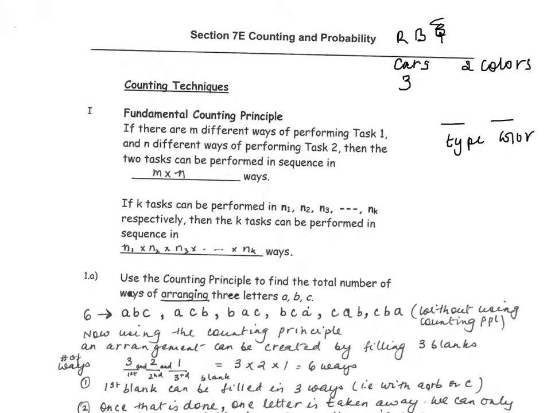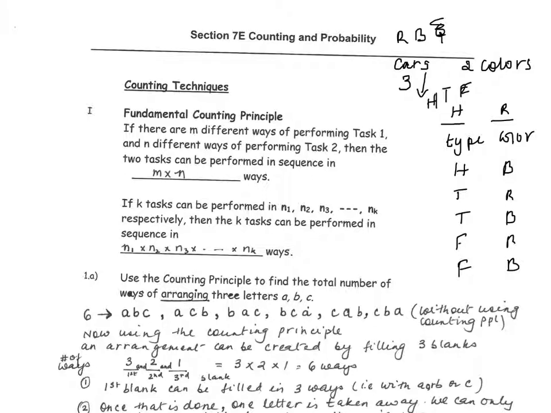The 2 colors are red and blue, and the 3 cars are maybe Honda, Toyota, and Ford. So what are the types of cars that we can buy? We could buy a Honda in red, a Honda in blue, a Toyota in red, a Toyota in blue, a Ford in red, and a Ford in blue.